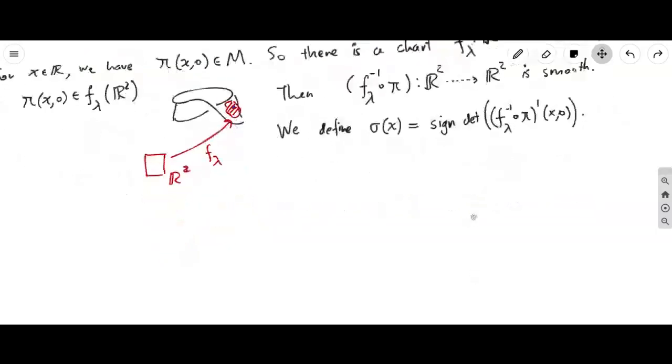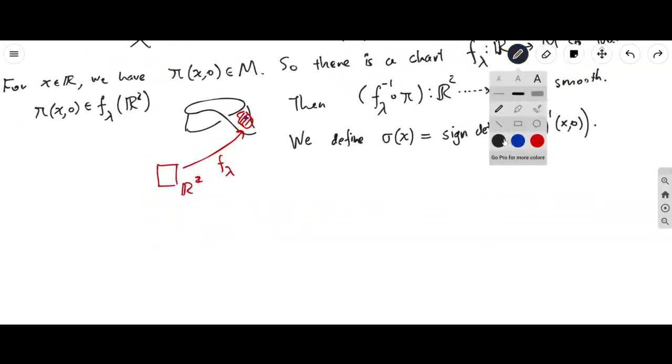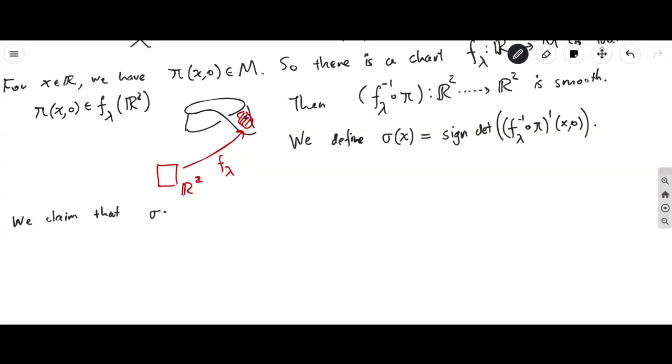Now we reach a very critical point of this argument, where we claim that sigma from R into {1, -1} is well defined. So what do we mean?